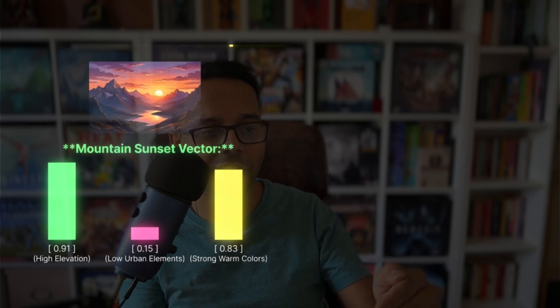In the picture of the mountain at sunset, it might have different weightage for different aspects of this image. For example, there are high elevations, so it will have a higher number for that part.